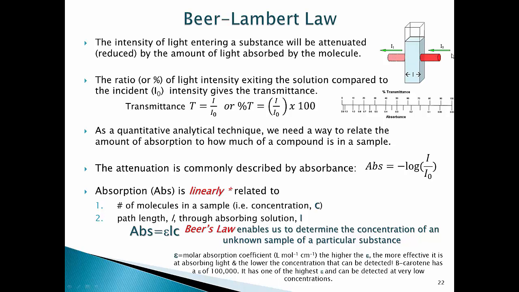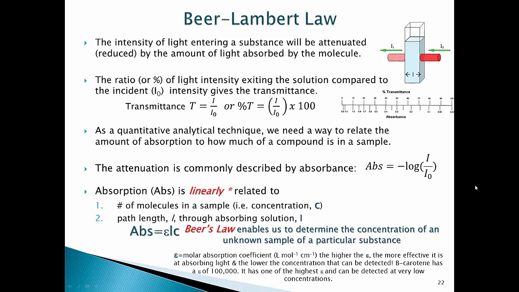So we can detect how much we're putting in and how much is actually being absorbed by the sample. So the ratio or percent of light intensity exiting the solution compared to the incident intensity gives us the transmittance. Okay, and this is related to our absorbance, so we have our formulas there.